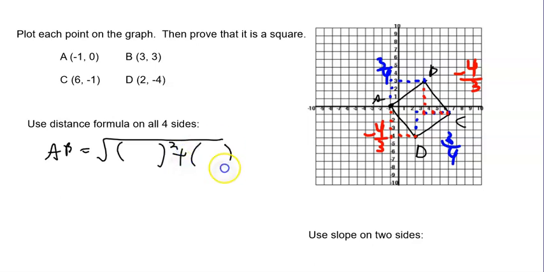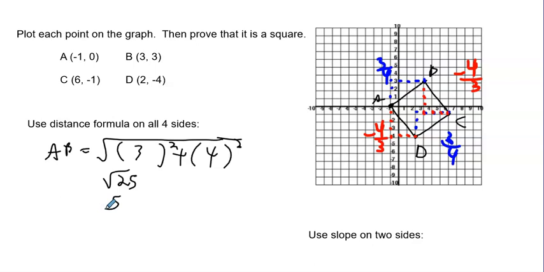Square plus this square. So I put 3 and 4. And it doesn't matter if I put 4 and 3. It makes no difference. And we just did this. So 3 squared is 9, plus 16, that's the square root of 25. So that's 5. Okay? So we know that AB is 5.